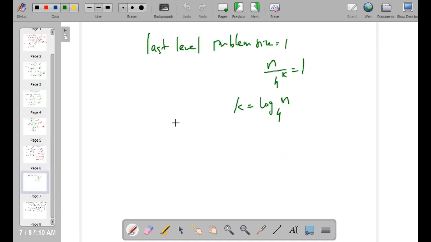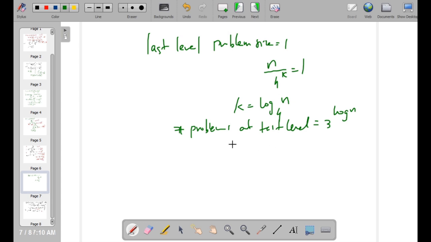So the number of problems at the last level is equal to 3 raised to k. Since k is equal to log n to the base 4, we can write it as 3 raised to log n to the base 4.